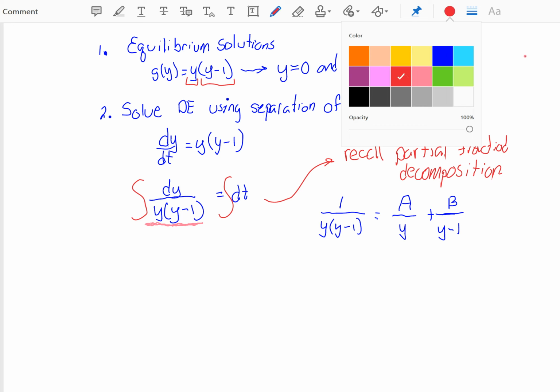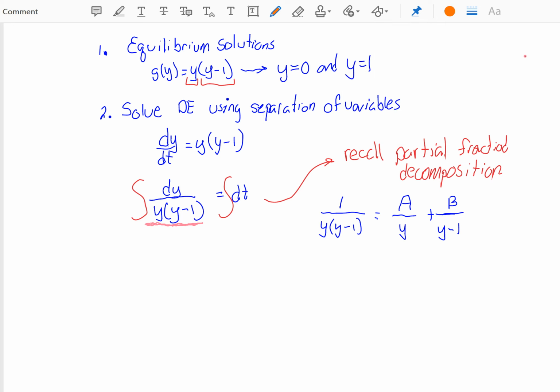Now with this method, what you'd like to remember is that you want to get rid of your fractions. And you'll do this by multiplying both sides of your equation by your LCD, y times (y minus 1). Of course, when doing this, on the left-hand side, the y cancels, the y minus 1 cancels, and we're just left on the left-hand side with 1 equals.